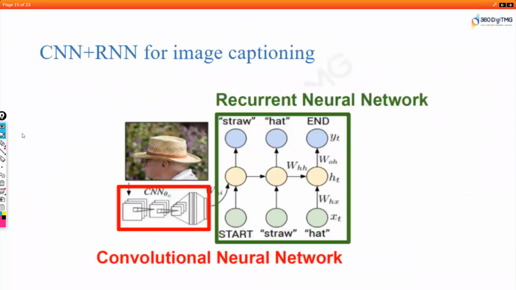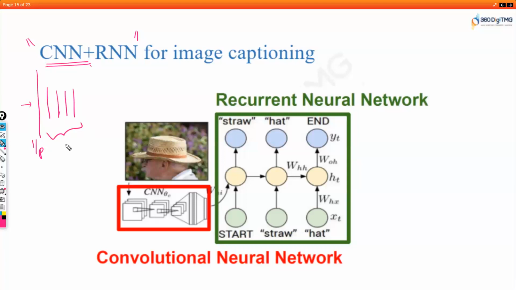We can also combine something called CNN RNN models. What they do is, you take the image, pass it to your CNN network, you pass your image to the input layer, then you'll have convolution layers.